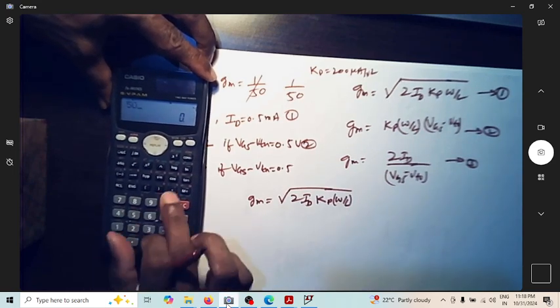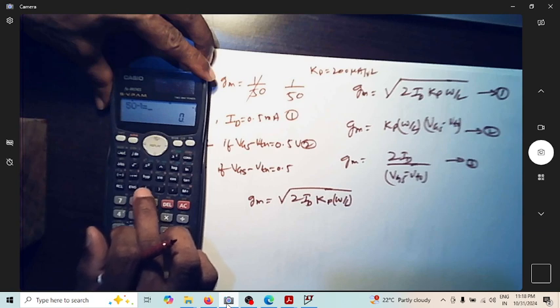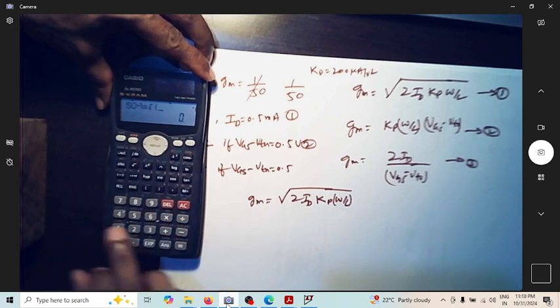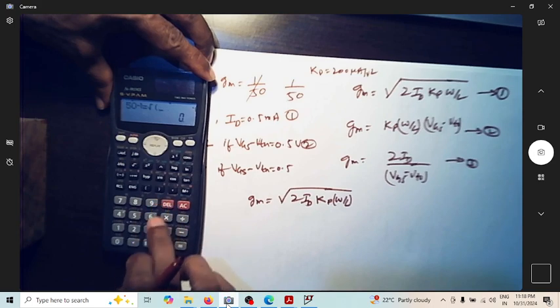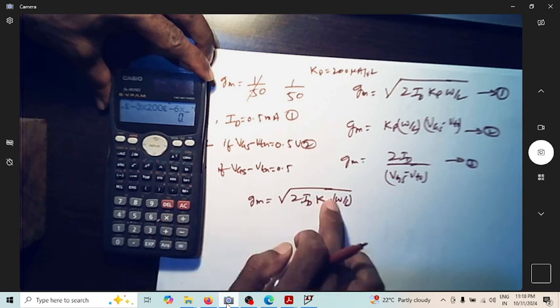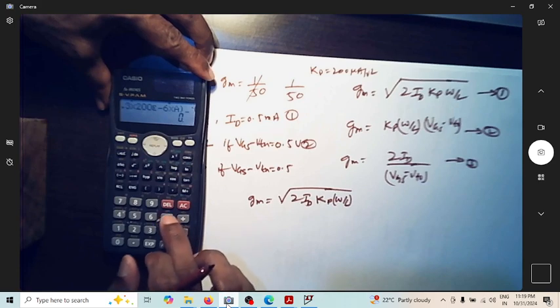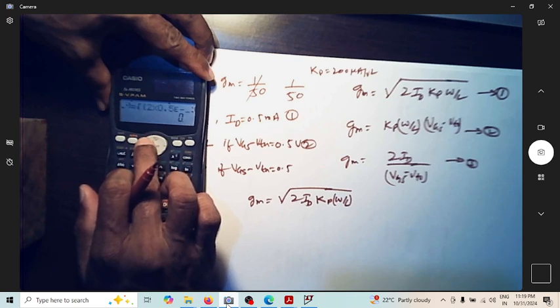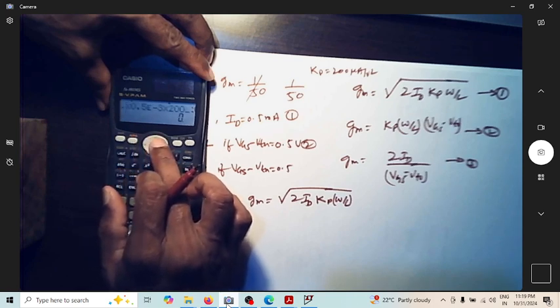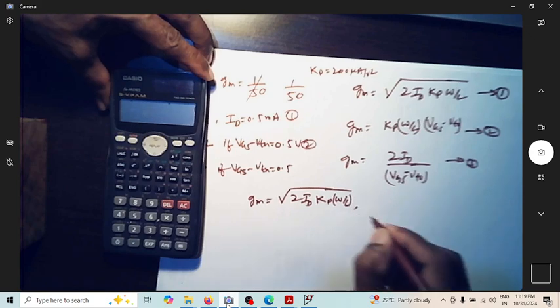So shall I say it as 50 inverse, which is 1 over 50, alpha equals under root of, open the parenthesis, 2 into ID is 0.5 exponential minus 3, multiplied by Kp is 200 exponential minus 6, into W by L, which is unknown, alpha A, close the parenthesis, only one closure, because I have opened only one parenthesis. Shift cal, it will give me the W by L ratio.